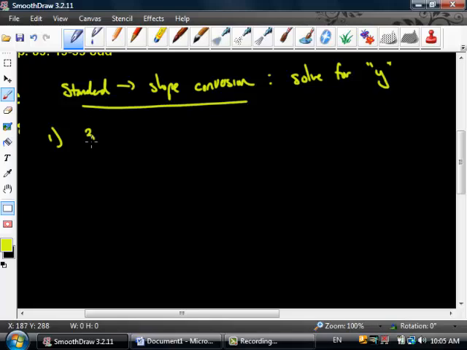Example 1 here is 3x minus 5y equals 9. So remember, we're trying to get this into some kind of slope form, which is y equals mx plus b. So what I'm going to do is I'm going to solve for y. And how I'm going to do that is I'm going to subtract 3x from both sides. I'm just trying to isolate the y term. So I could go 9 minus 3x, but I'd rather go negative 3x plus 9. Those of you who took the makeup pop quiz yesterday, I think you'll see where this is going.